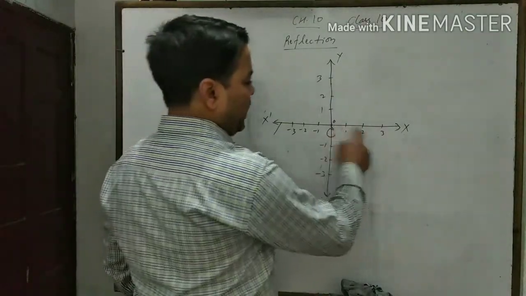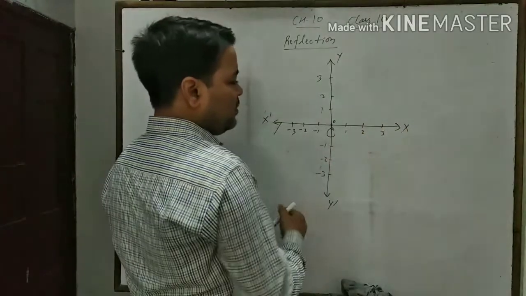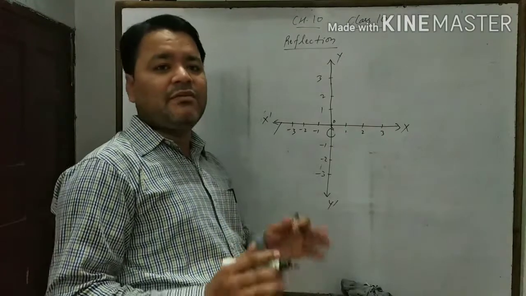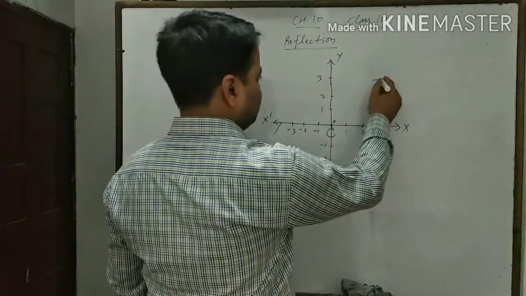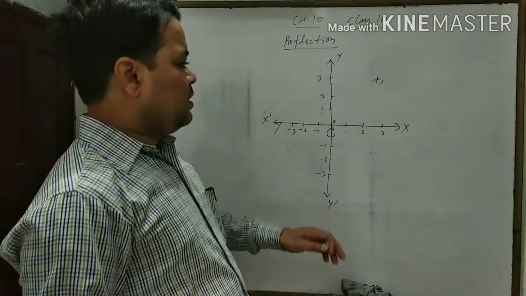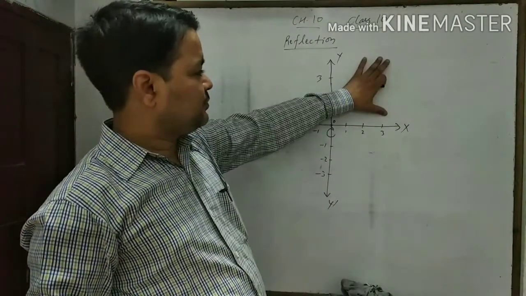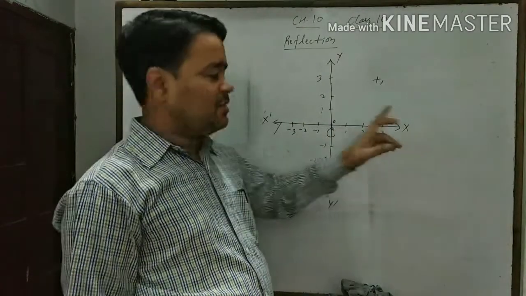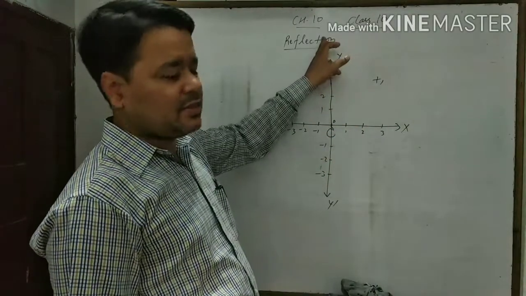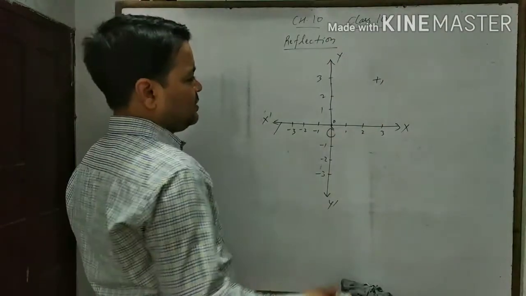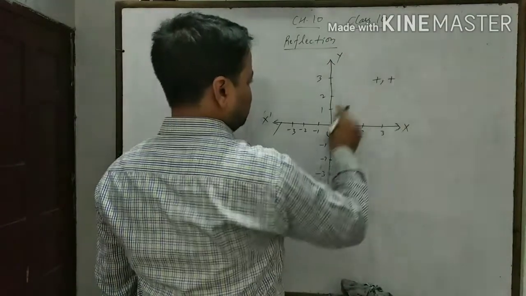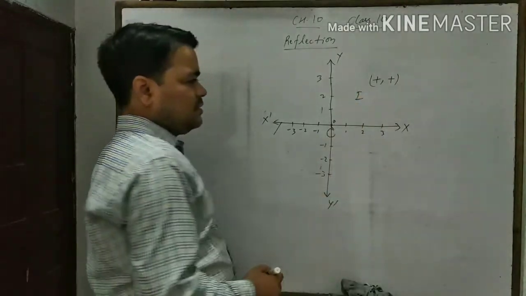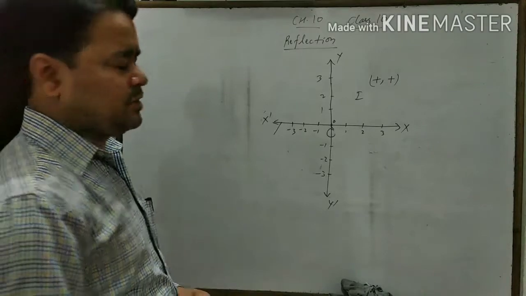Here OX is the positive direction of x-axis, OX' is the negative direction. This quadrant is bounded by the positive direction of x-axis as well as the positive direction of y-axis. First we write the sign of x and then the sign of y. Here plus, this also plus. Then for the first quadrant the sign will be plus and plus.